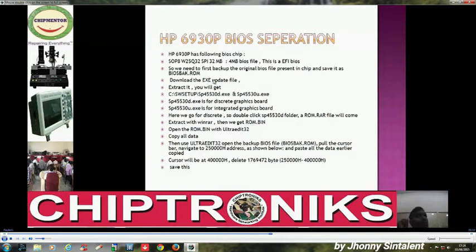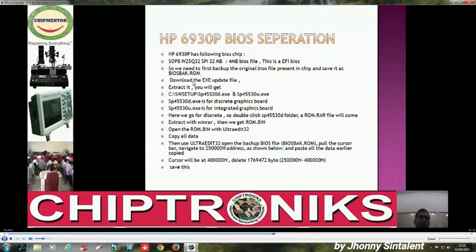This is an EFI BIOS, so in case of EFI BIOS, we have to basically use a little content of the original BIOS file. You see here we have written, we need to first back up the original BIOS file present in the chip and save it as biosback.rom.